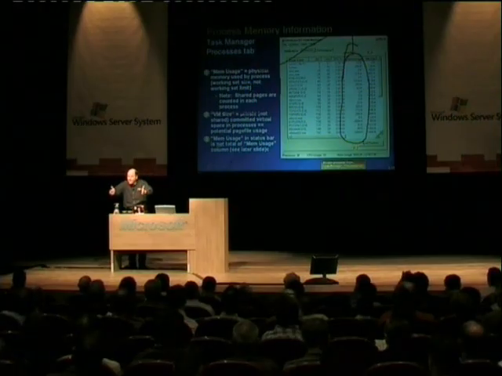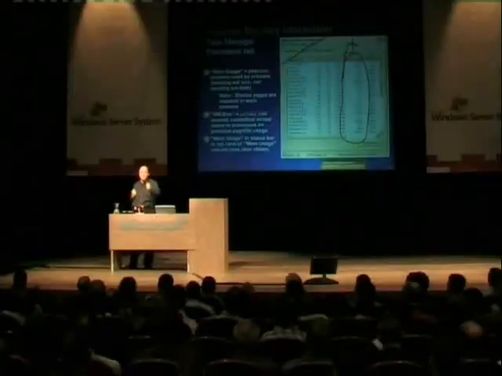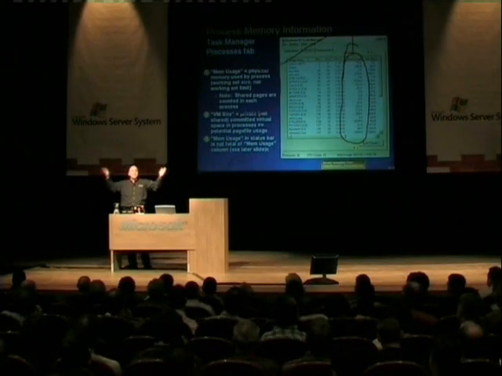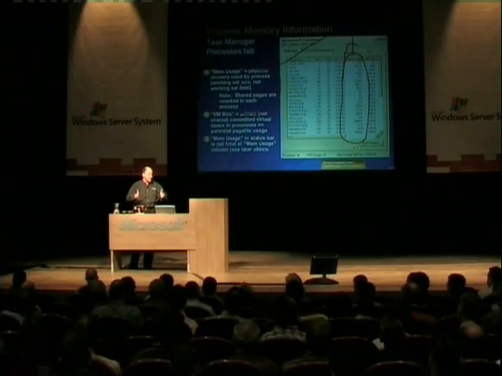You're as fat as you're going to be, physically. Virtually, if you want to keep increasing your size, fine. But physically, you're going to be in this box. So the process continues to create new pages, but as it's creating new pages, the OS is doing what? Taking away. Process wants to create a new page, the OS takes a page away. And it keeps the working set size to some fixed number. So that is not the right number to look at to diagnose a process virtual memory leak.